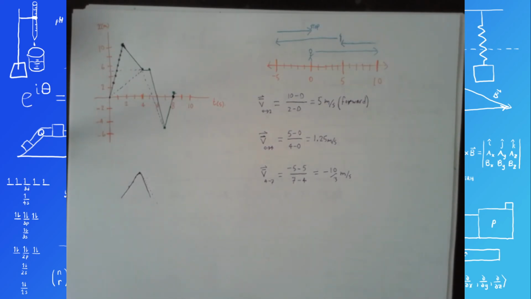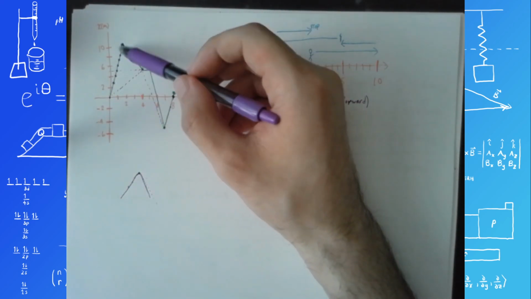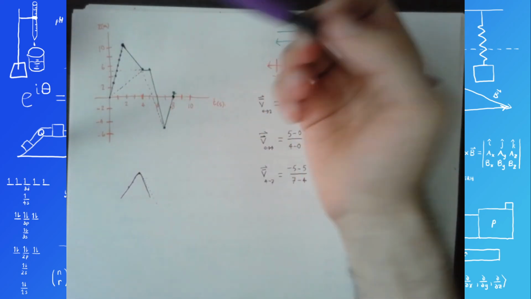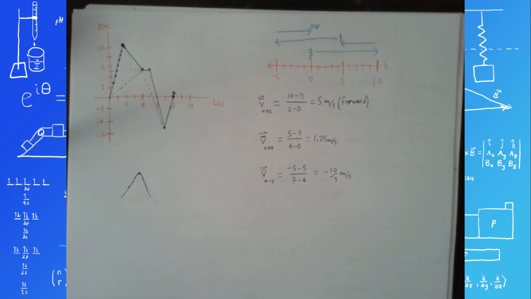That's what would happen in real life, but on this graph, when you see sharp turns like that, you can't calculate the slope of a sharp turn. So yeah, you can't say anything about how fast they're moving at the exact moment of t equals 2 seconds. But everywhere between 0 and 2, it's just the slope of that line.